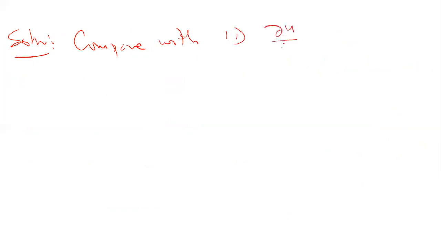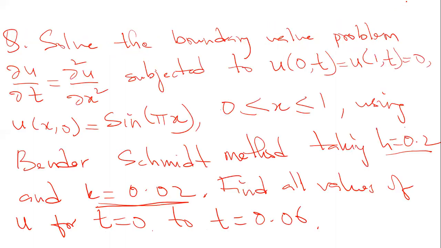Now, in order to solve this, you have to first compare with the general 1D heat equation. The general 1D heat equation was del u upon del t equals alpha del square u upon del x square, right? If you compare this with the equation in the problem, you see that the alpha value is 1.